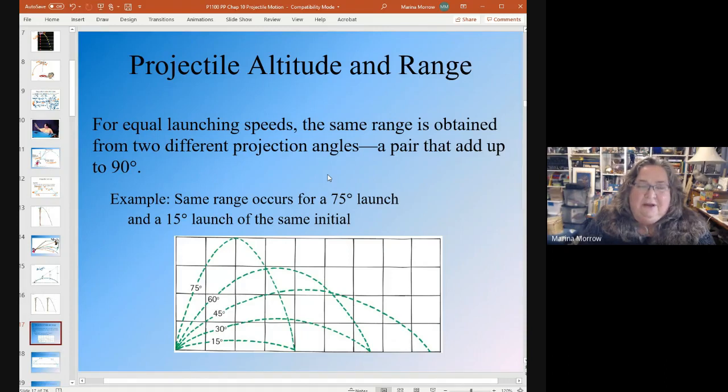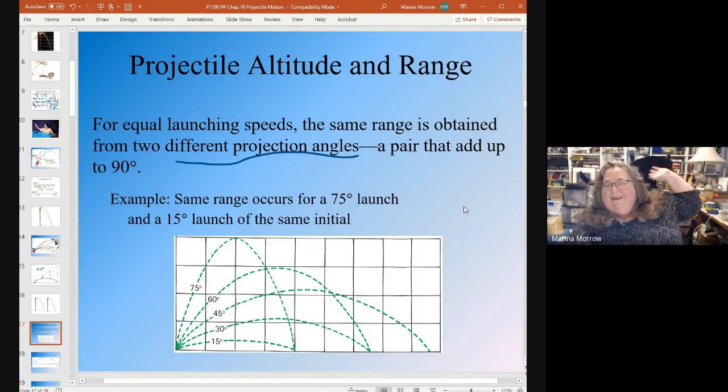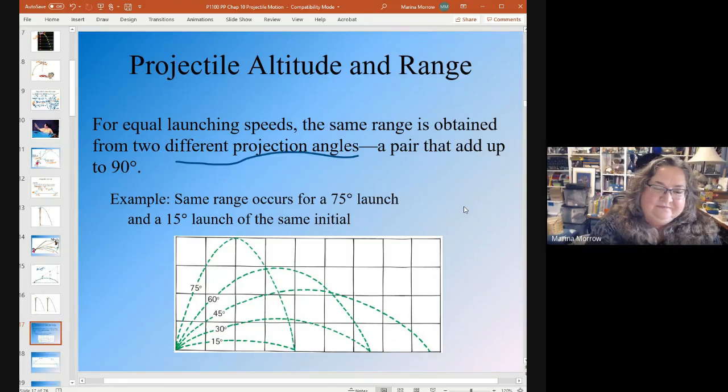Well, it turns out that you get the same range from different angles. In an ideal situation without any air friction, you would get the same range from 75 degrees as you would from 15.